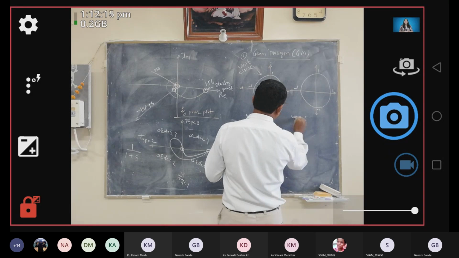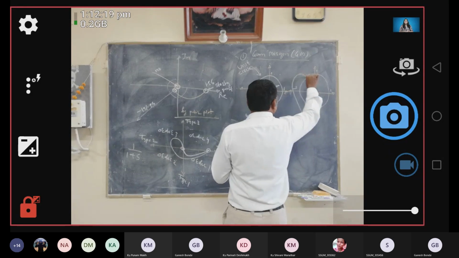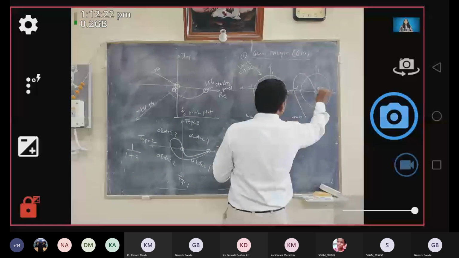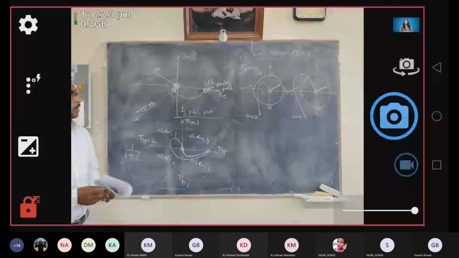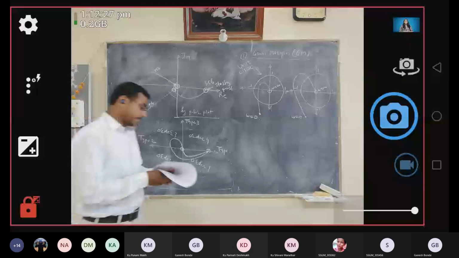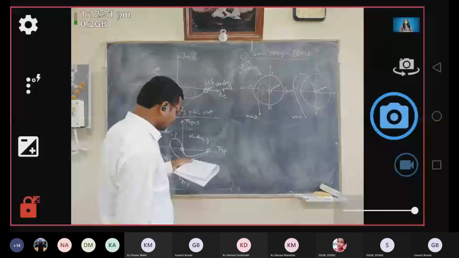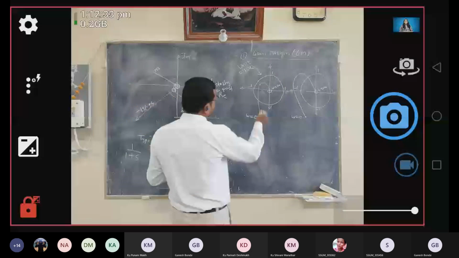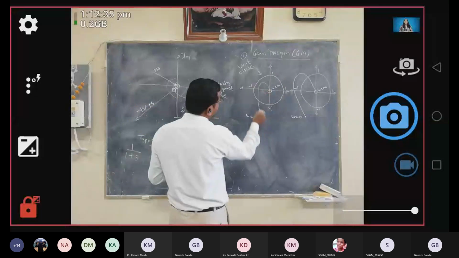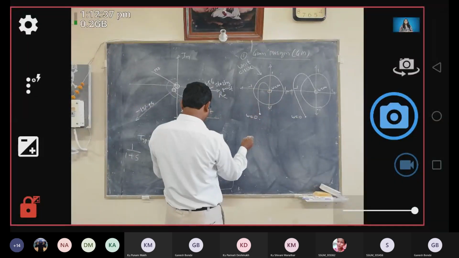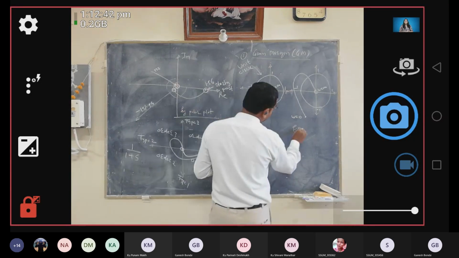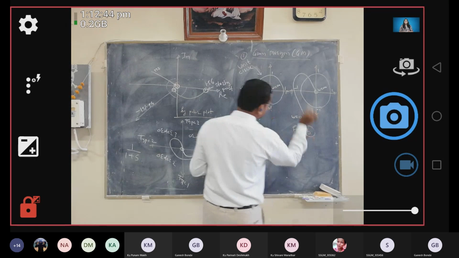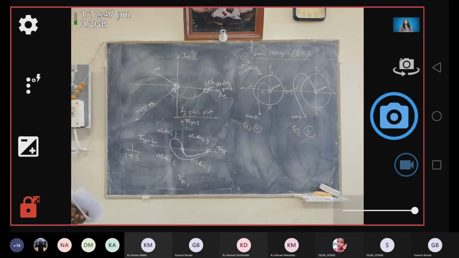This is at omega equal to 0, and here omega is equal to infinity. So here this is the unit circle. In figure A and figure B, we give names to these two figures.